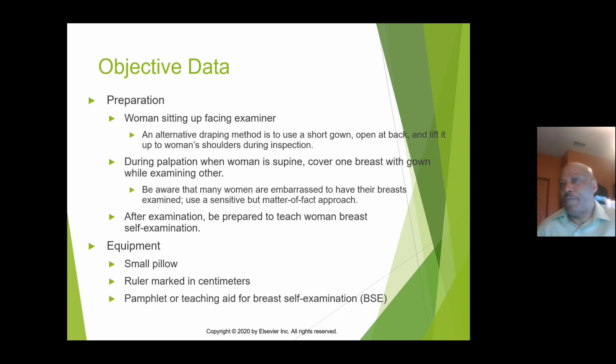In other words, we won't really do the physical examination per se in the lab, but more of the subjective data is what we'll be more interested in for the lab, for obvious reasons, right? And then, of course, look at the equipment that would be necessary. Take note of the last bullet point: pamphlet and teaching aids for breast self-examination would be important.